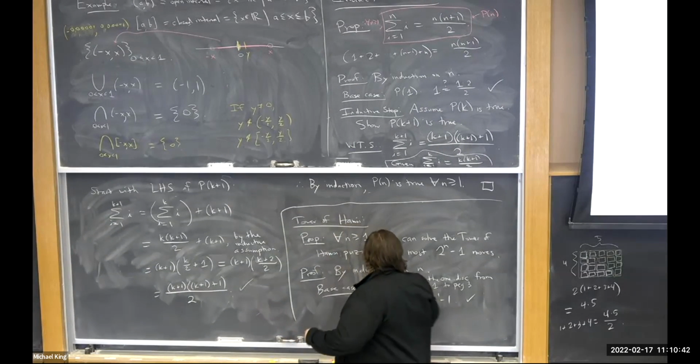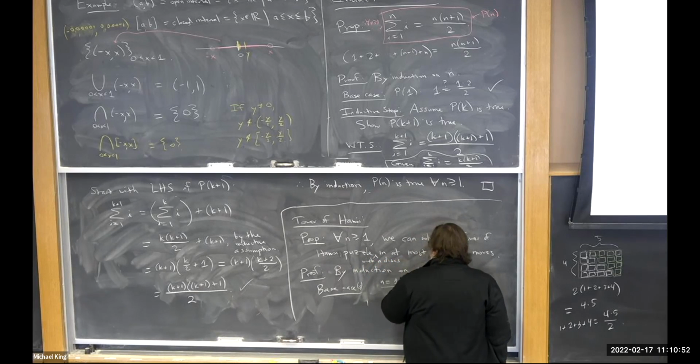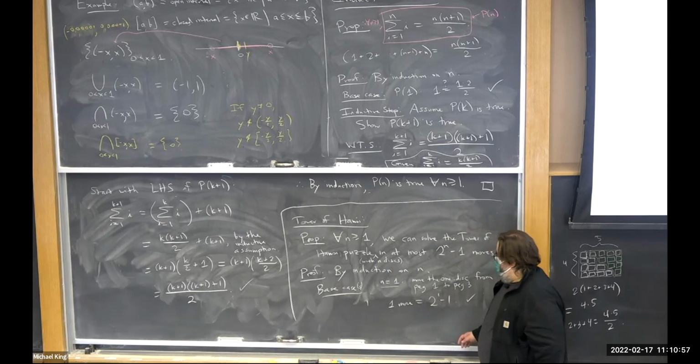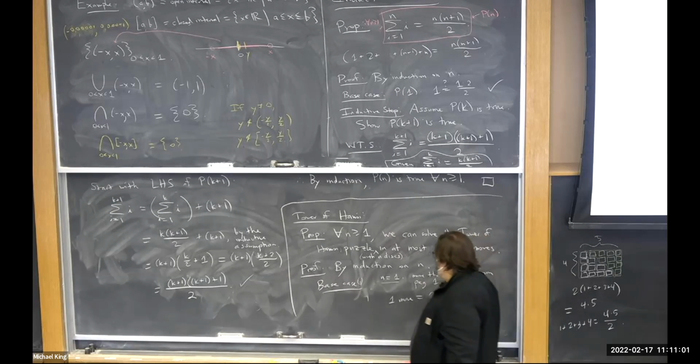So the Tower of Hanoi puzzle with n disks, n at most, 2 to the n minus 1 moves. Yeah, that's more clear.